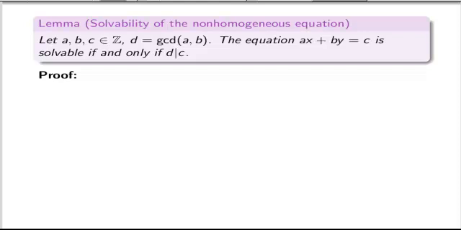Okay, so when does the non-homogeneous equation have a solution? And the lemma we have is the following. The equation is solvable in integers if and only if the greatest common factor of a and b is a divisor of c. Okay, so this is an if and only if statement. So one direction is, let's suppose the equation is solvable.